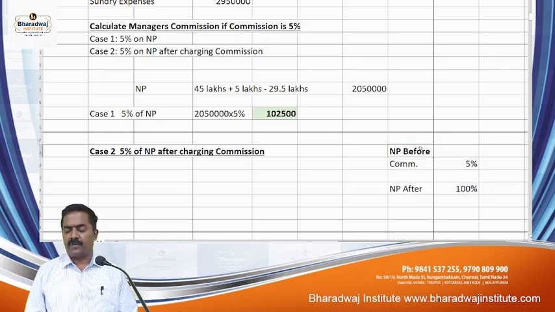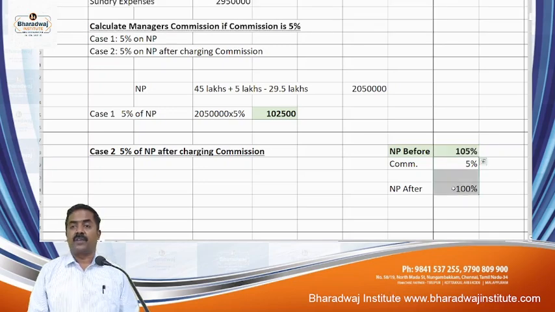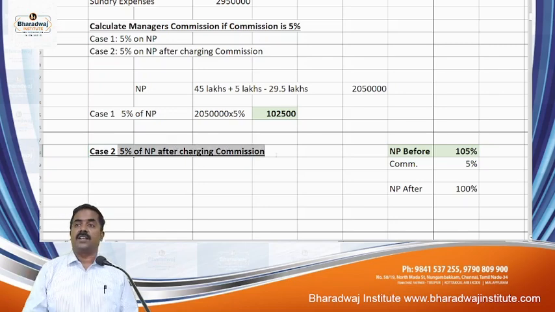Okay. If net profit before is how much? Not 95, 105. Otherwise, if profit is 105, I pay a commission of what? 5, so that my net profit after is what? 100. Look at the words used: 5% of net profit after charging commission.